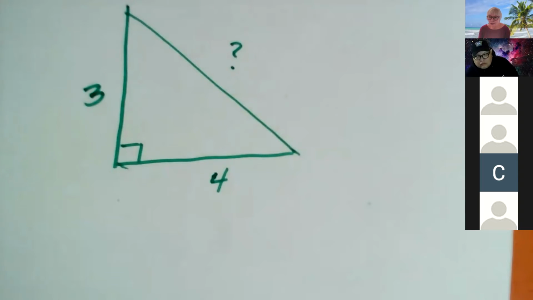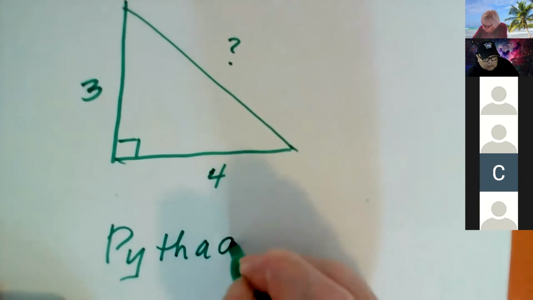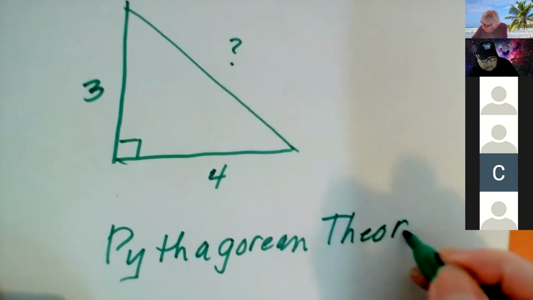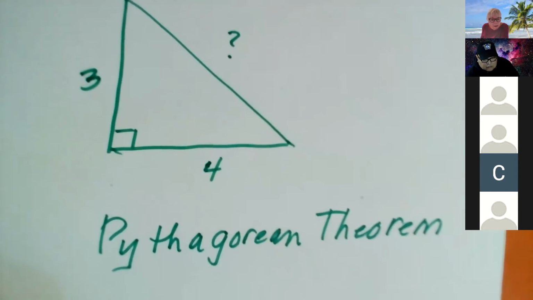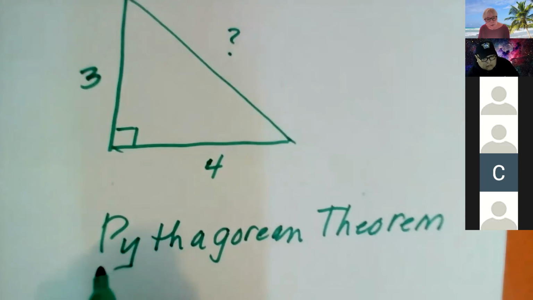Possibly if you knew what the formula was called. Pythagorean theorem. It was given credit for by a Greek, Pythagoras. It's sometimes hard to tell who invented what, but they gave credit to Pythagoras.